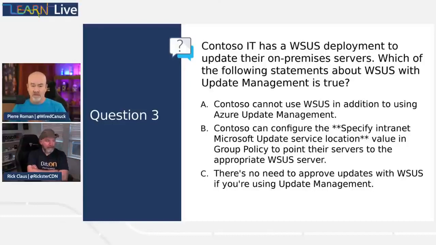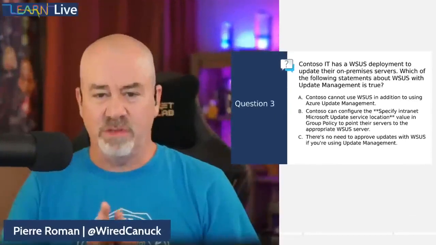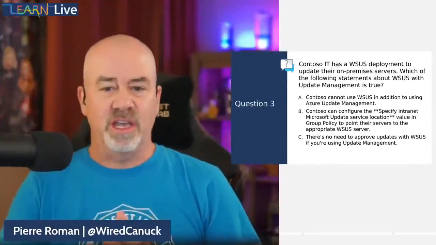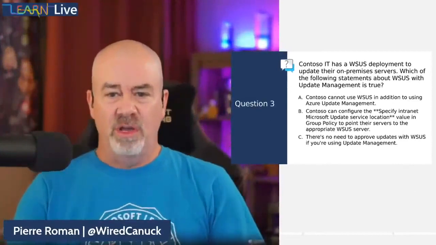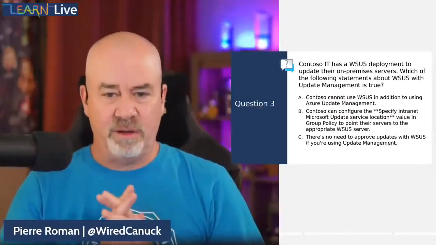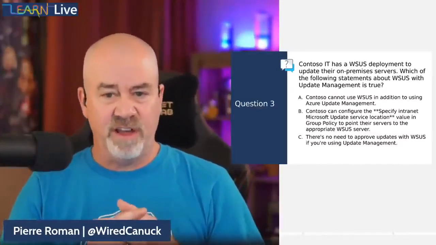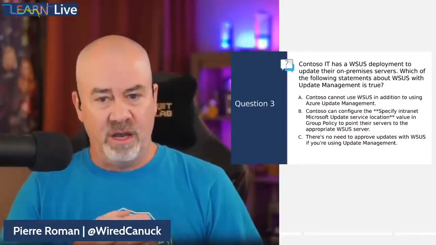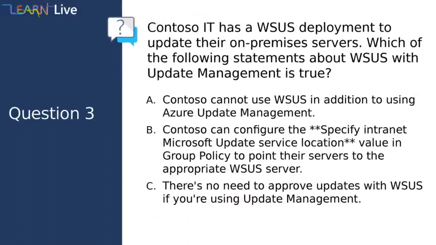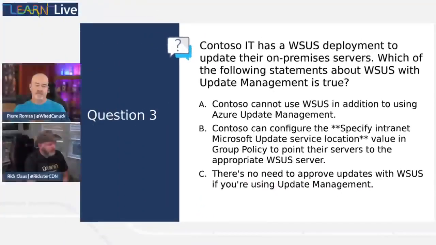A, Contoso cannot use WSUS in addition to using Azure Update Management. B, Contoso can configure the specify intranet Microsoft update service location value in the group policies and point to their appropriate WSUS server. Or C, there's no need to approve updates with WSUS if you're using update management.